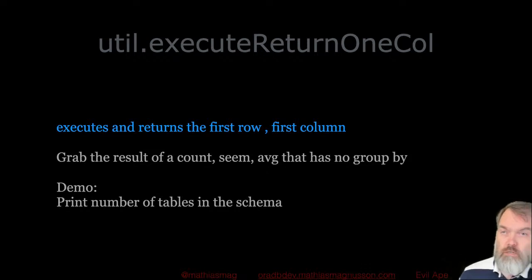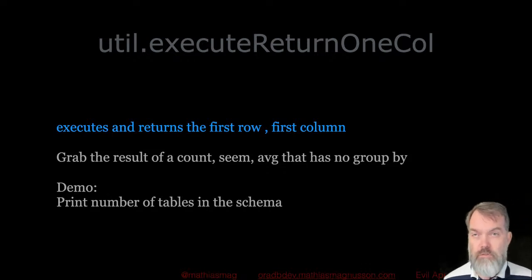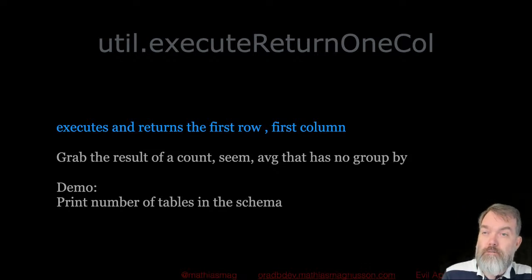Now on to the ones that are mostly meant for select, I would say, because it's about returning data. So it executes and returns the first row, first column. It wasn't completely obvious to me how you'd use that, having a big old result set and just pulling off one column of one row didn't make sense.